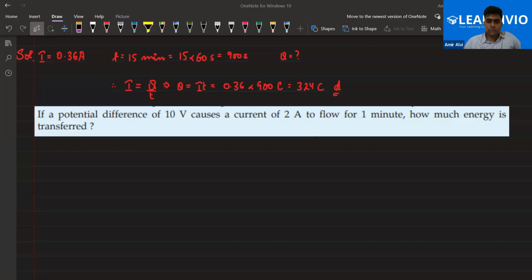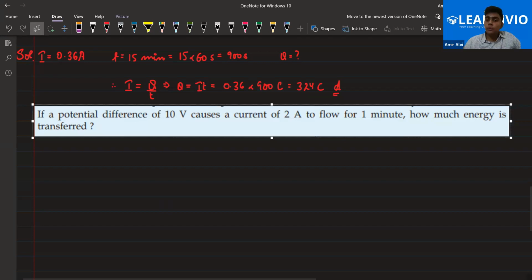Yes, Maria. The formula for work done is, for potential, V is equal to W by Q. Can you repeat?